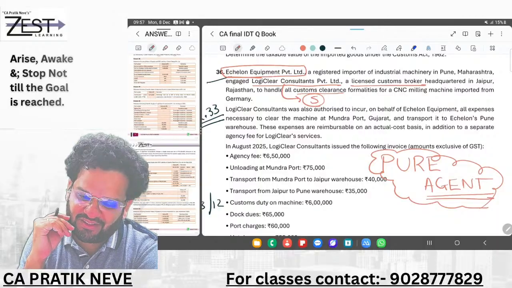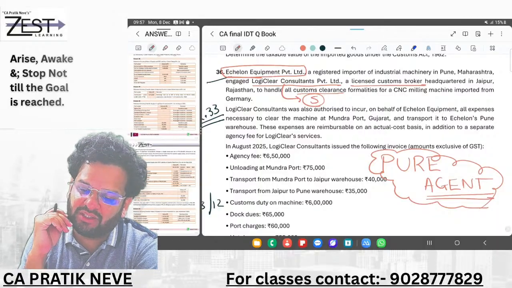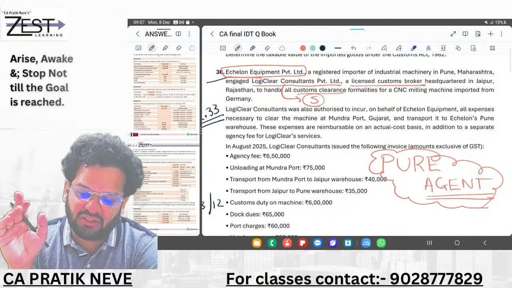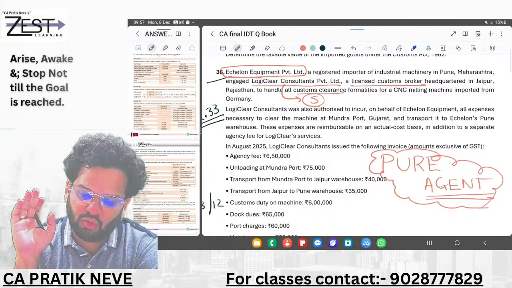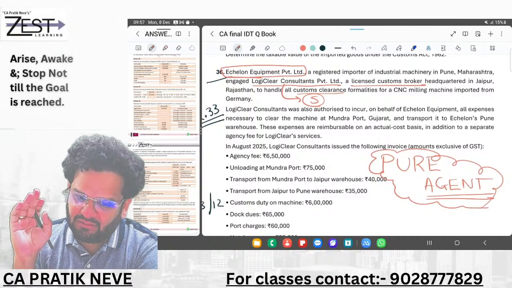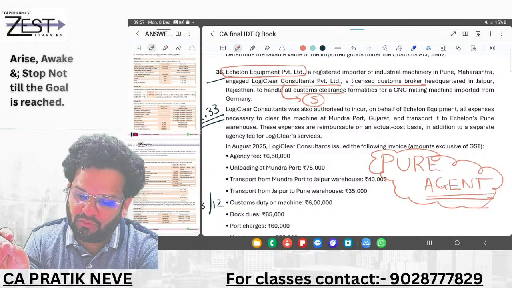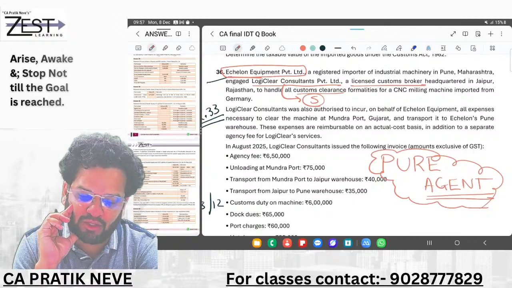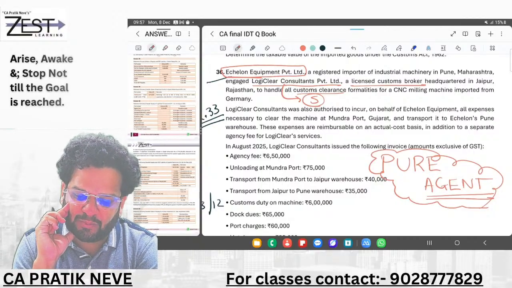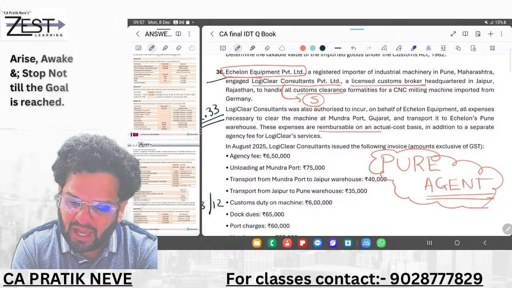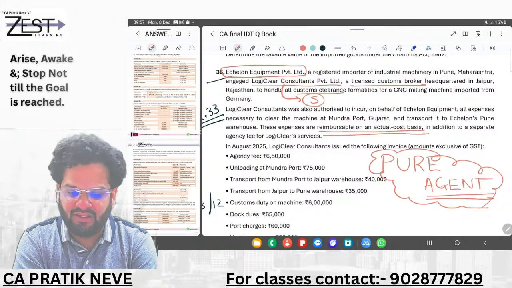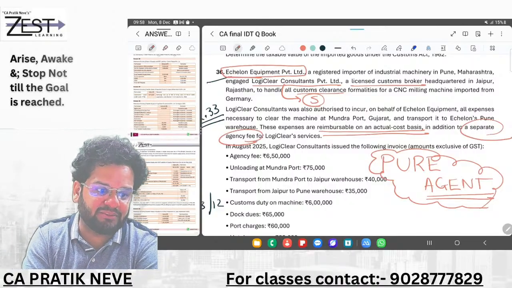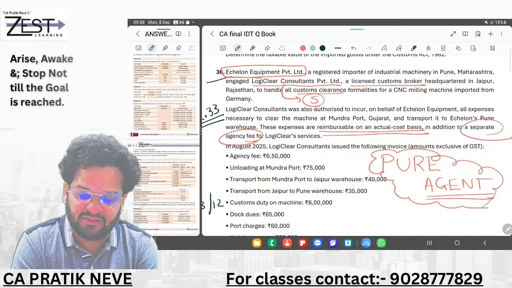Logiclear Consultants was also authorized to incur on behalf all expenses necessary to clear the machine at Mundra Port, Gujarat, and transport it to Pune's warehouse. Means the recipient of supplies is the Pune warehouse. These expenses are reimbursable on actual cost basis, in addition to separate agency fee. So on the separate agency fee, there will be GST.